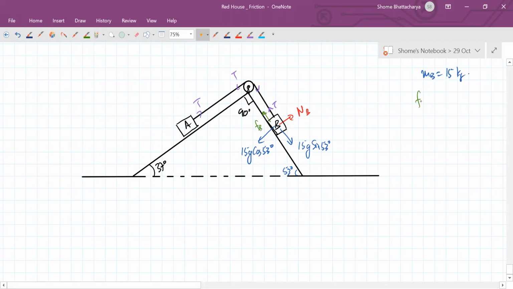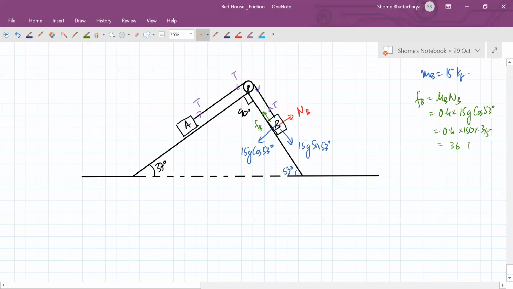and there is friction acting on B. So friction acting on B is coefficient of friction into normal reaction. That is 0.4 into 15g cos 53 degrees, so 0.4 into 150 into 3 by 5.